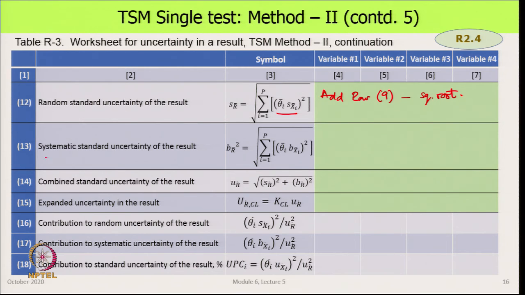Then for the next one, systematic standard uncertainty of the result, we add all the elements in row 10 and take the square root. And then we make the combined standard uncertainty of the result, which is u_r bar in terms of s_r bar and b_r bar square.